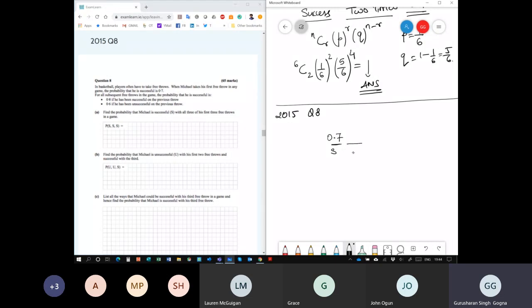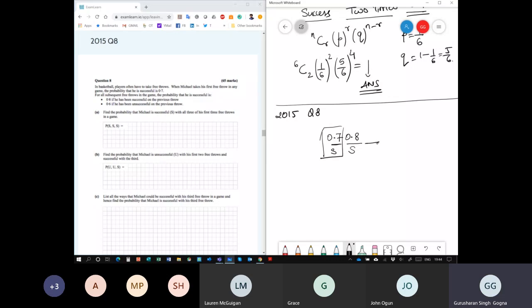And he's throwing again, and if he got a success, if he has been successful on the previous throw, which he is, isn't it? Then this probability has to be 0.8. Okay, like that.